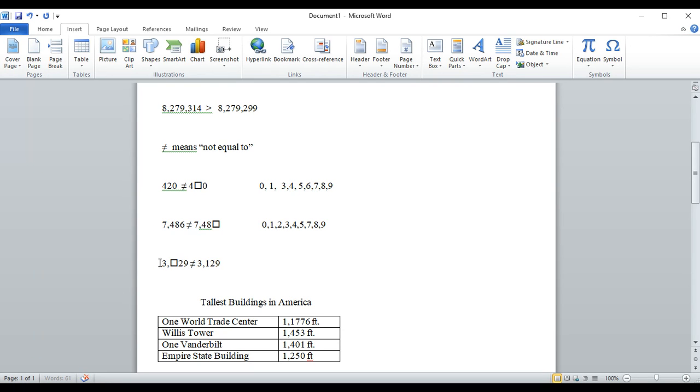Okay, so the only digit you know will not go in there will be this 1. So you have to write down all the digits. So you're going to write down a 0, 2, 3, 4, 5, 6, 7, 8, 9.